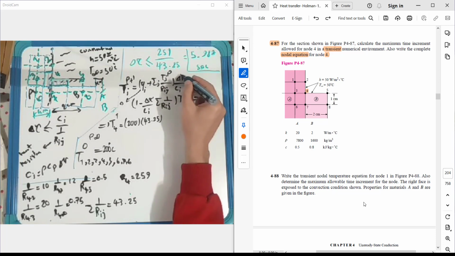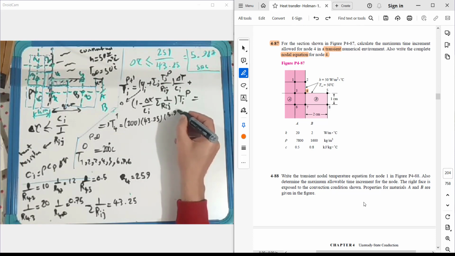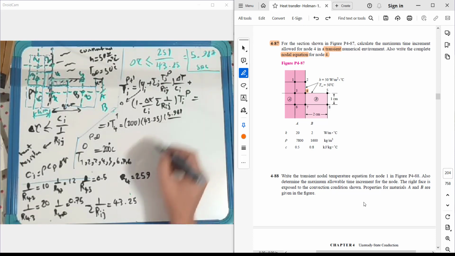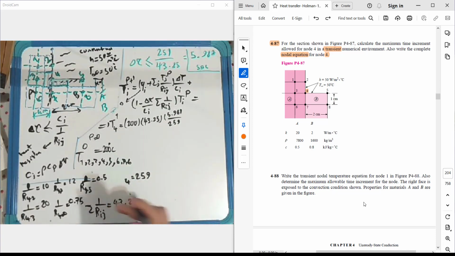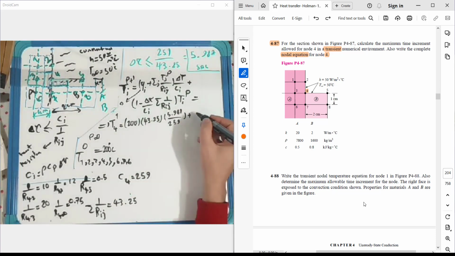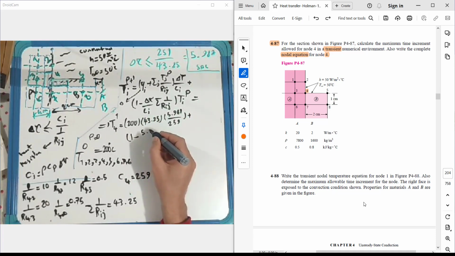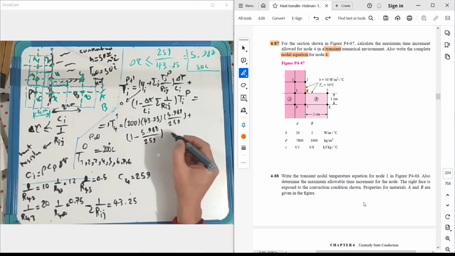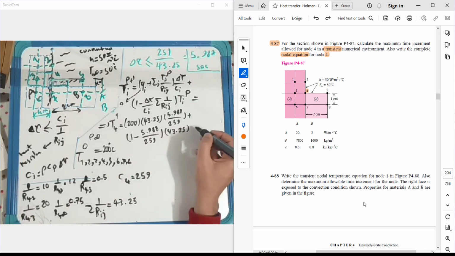Okay, delta tau is 5.988, and what is C_i? 259. Sorry. Okay, plus here 1 minus 5.988 divided by 259, multiplied again by 43.25, this one, and T_i at p.